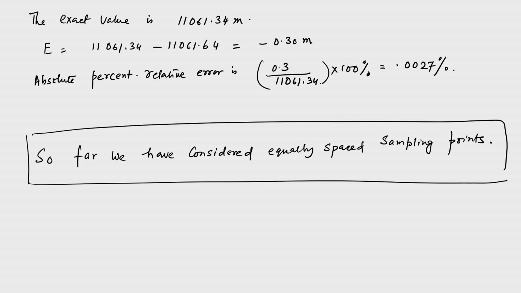These are called Gaussian integration. We will relax the criterion of equally spaced sampling points.